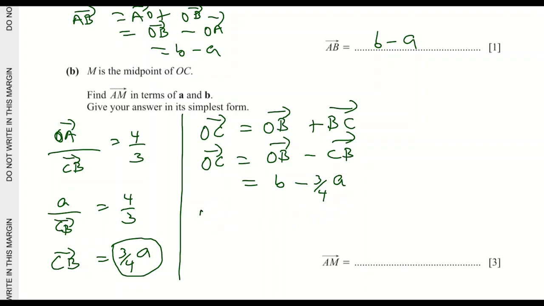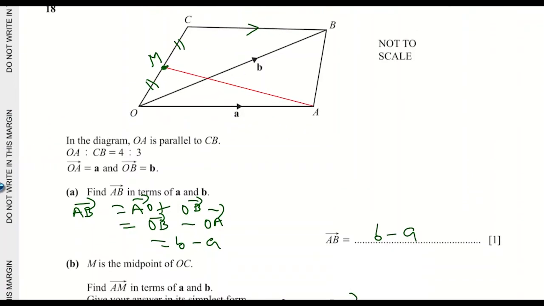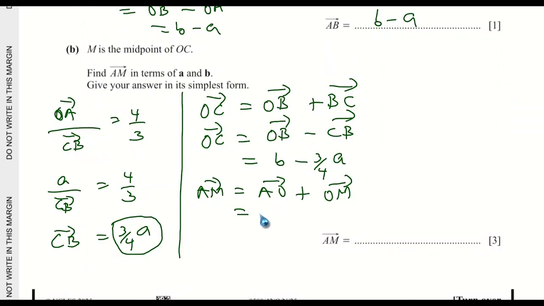The vector AM now equals AO plus OM, so AM equals AO plus OM. This one is moving in the opposite direction, so we can rewrite it as OM minus OA, because this will turn to minus. So this is what we have now.